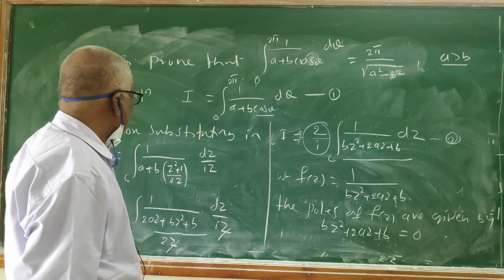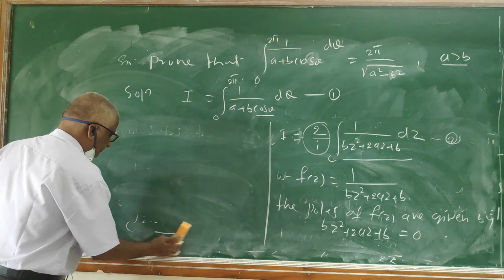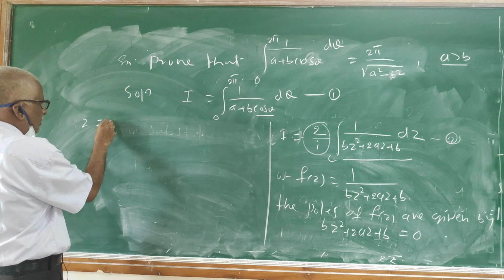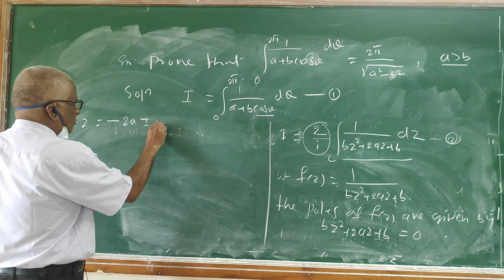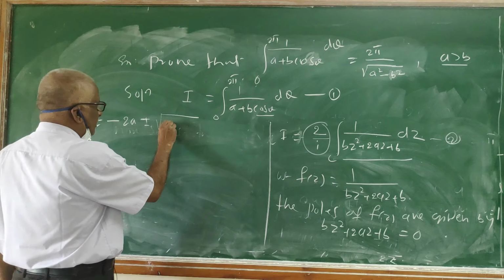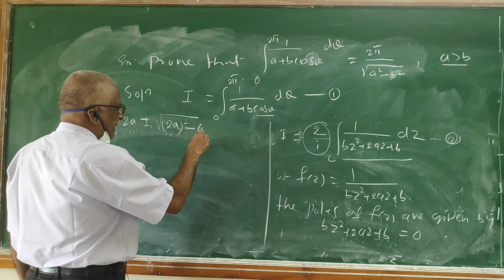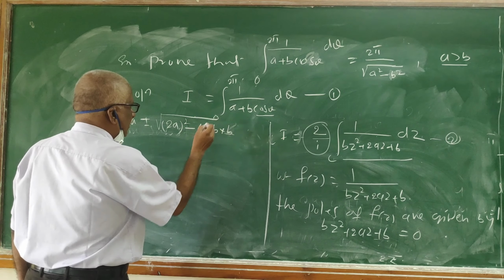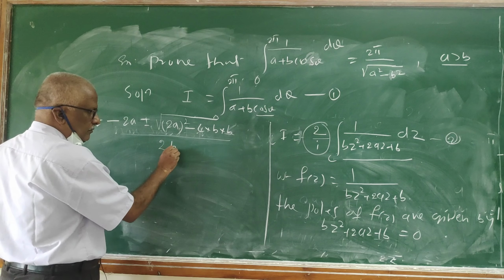Solve it here. If you solve it here, therefore z equal to minus 2a plus or minus square root of 2a square minus 4, a is b into c is also b, whole divided by 2 times b.